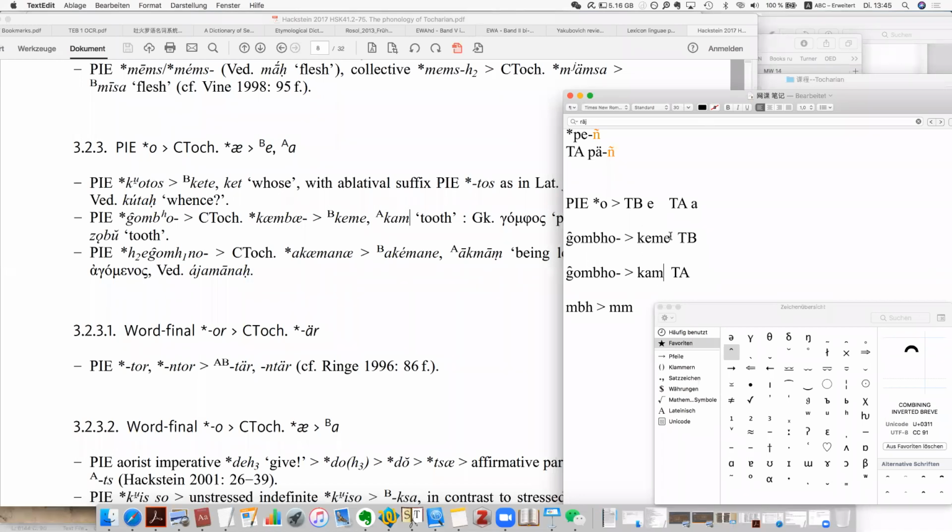So then you have a different result, keme or come. So this is the word for tooth.